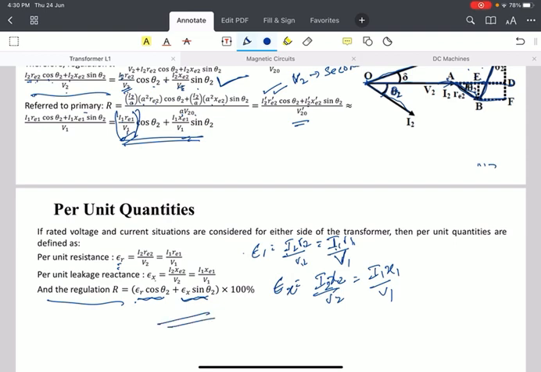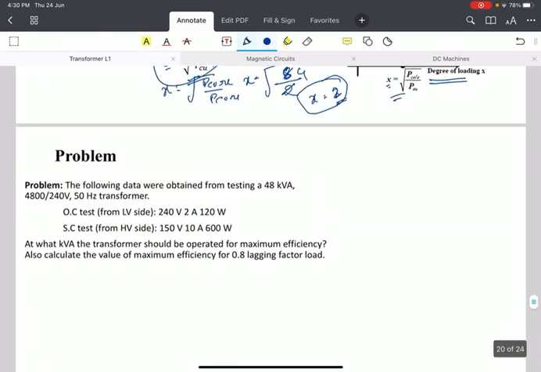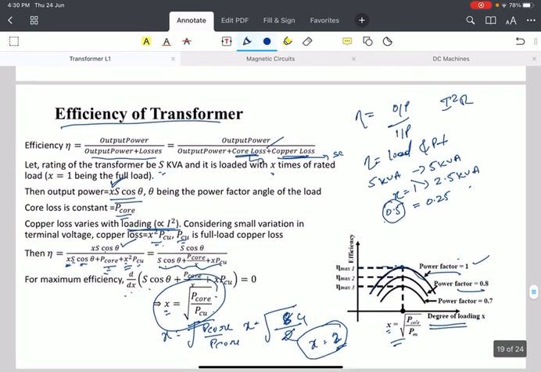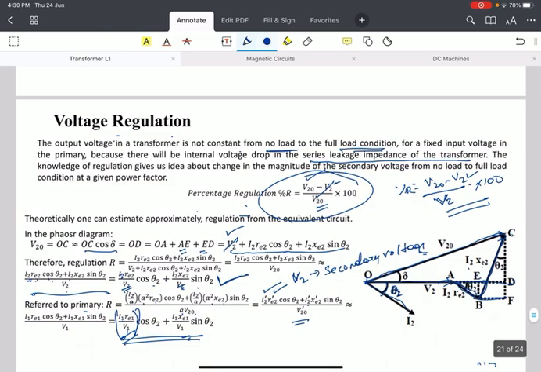So this will be the percentage regulation of the transformer. When we know the transformer parameters, we can obtain the percentage regulation from those parameters. So this is about the efficiency and percentage regulation of the transformer.